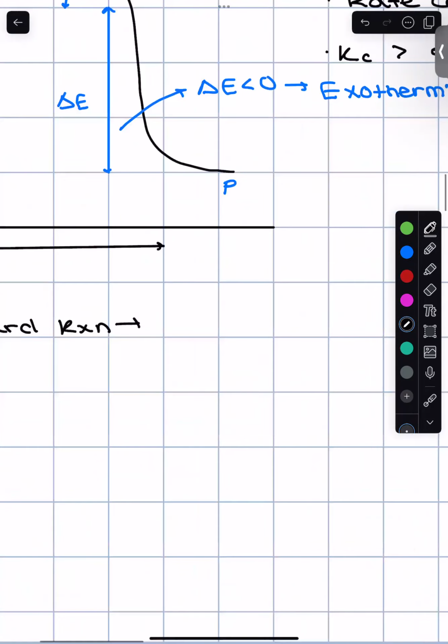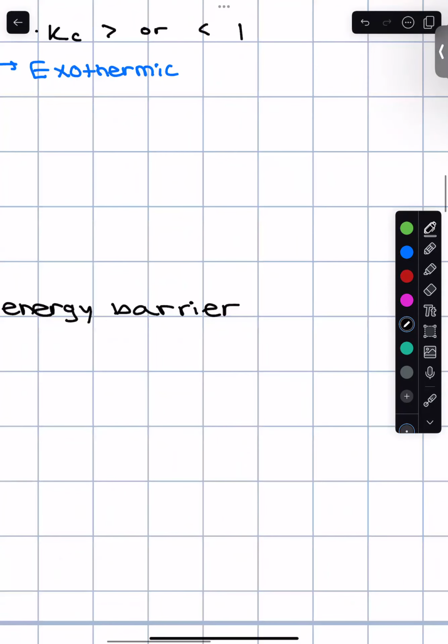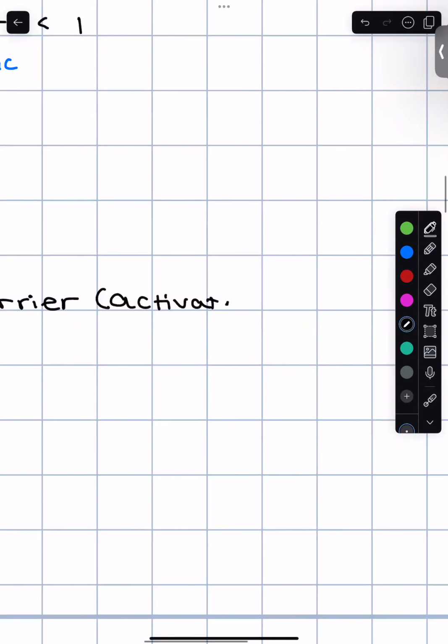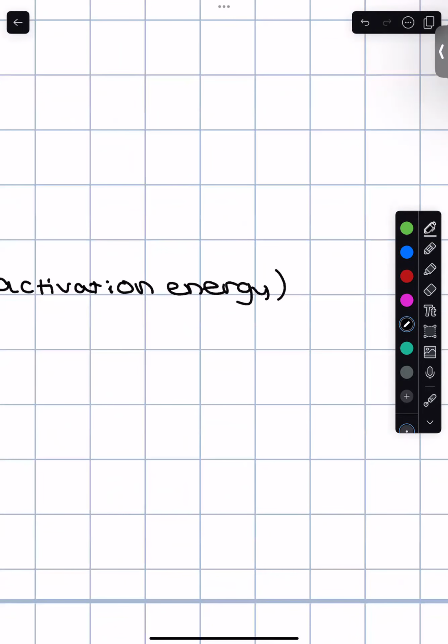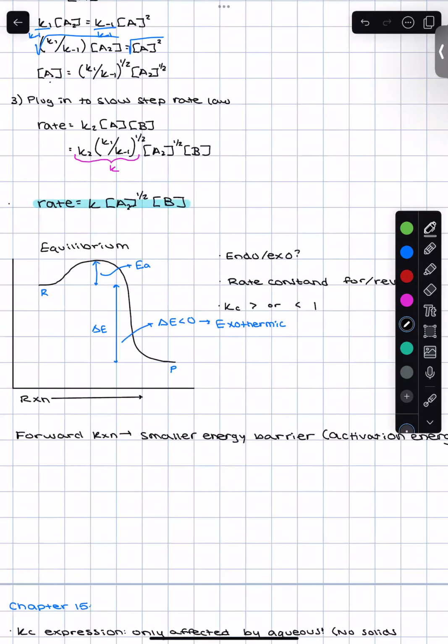The forward reaction in this case has a much smaller energy barrier, which I like to call activation energy. So there is a much smaller barrier to that reaction, which means once you hit equilibrium, it's very likely that that forward reaction is going to predominate.